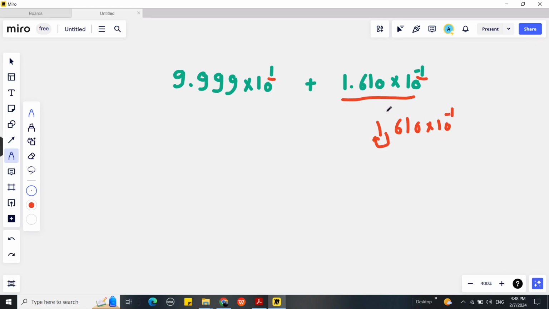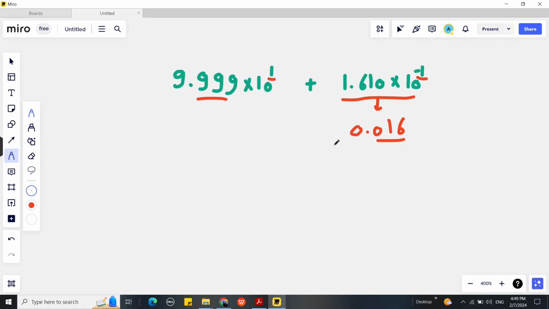And I actually did this right now. So let me just rewrite it again. So it's going to be 0 point, change this number to this number. Okay, let me just make enough space. 0.016, and I can't add the 1. Why? Because as you can see, there are only 3 digits after the decimal, and the same here.